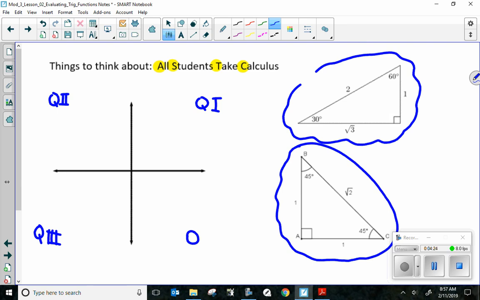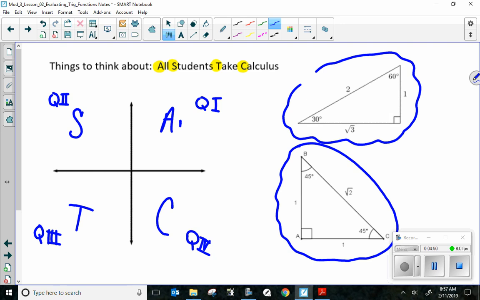And last but not least, quadrant 4. All right, if I go in that order, all students take calculus. Now, what do those letters, the A, S, T, and C, represent to me? That tells me which trig functions are positive in what quadrants.